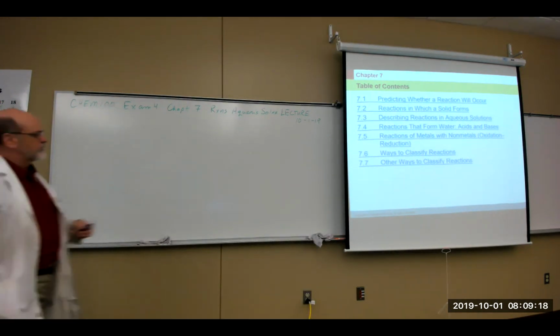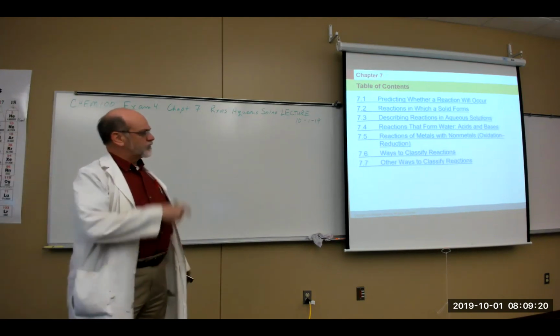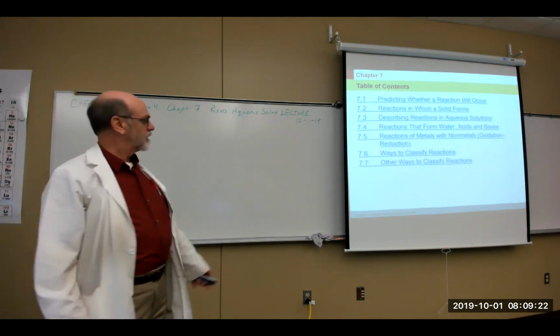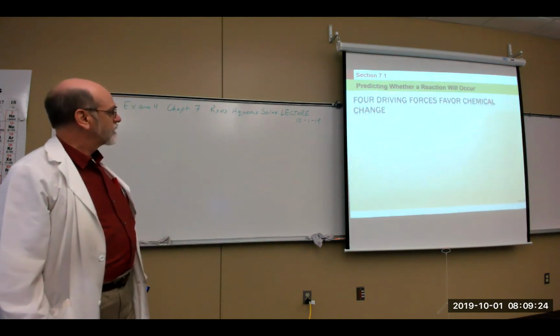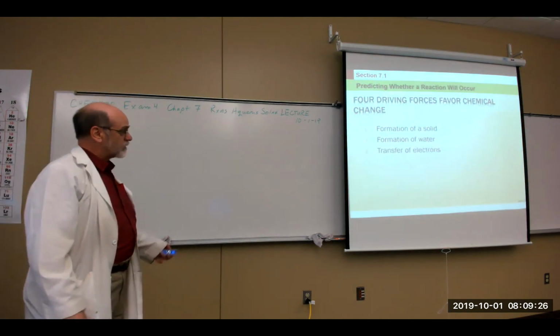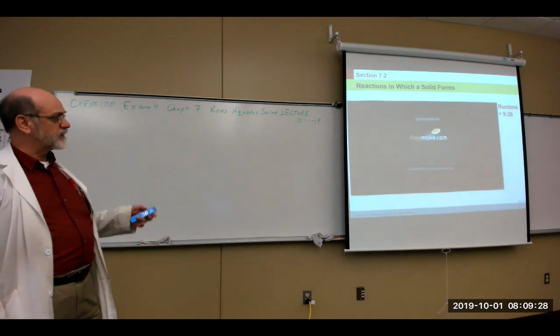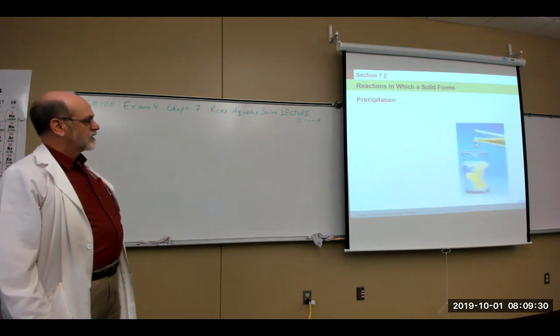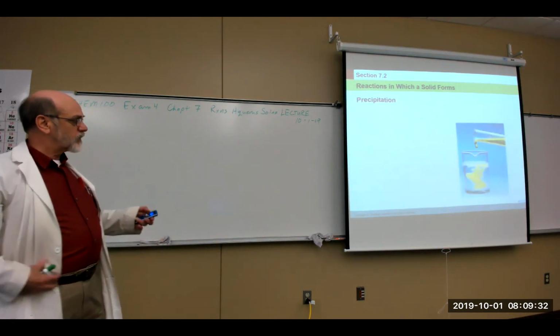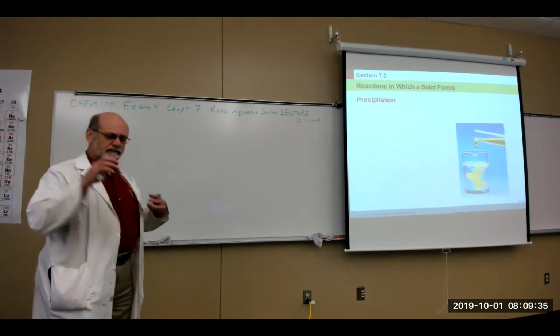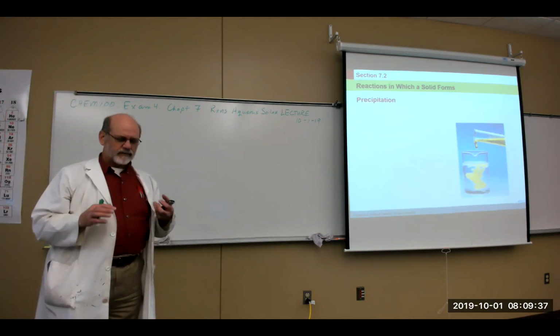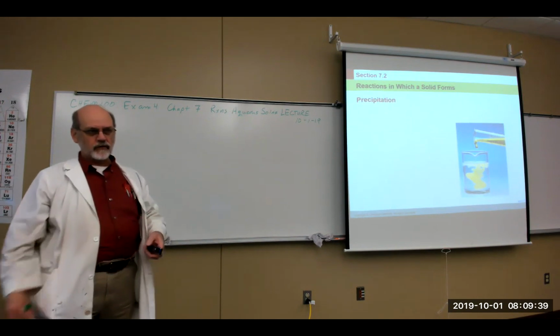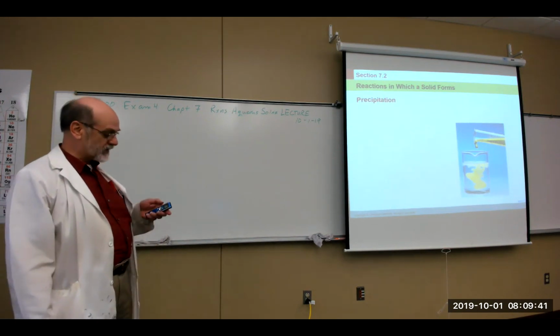So we had just dipped our toes into Chapter 7 last time, talking about the driving forces behind reactions and seeing this video. And then we're starting to look at the various things that can be considered driving forces for a reaction. One of those is precipitation.